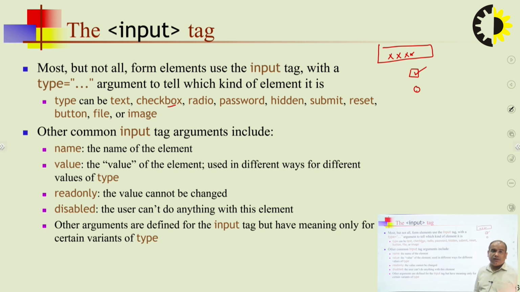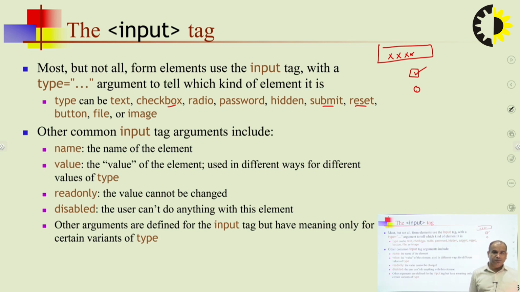Next is hidden. We want to send data to the server without the user knowing the information. In that case we use hidden. Next, two important attributes of type are submit and reset. A push button will be created if we use input type equal to submit, and if we use input type equal to reset, a reset button will appear.